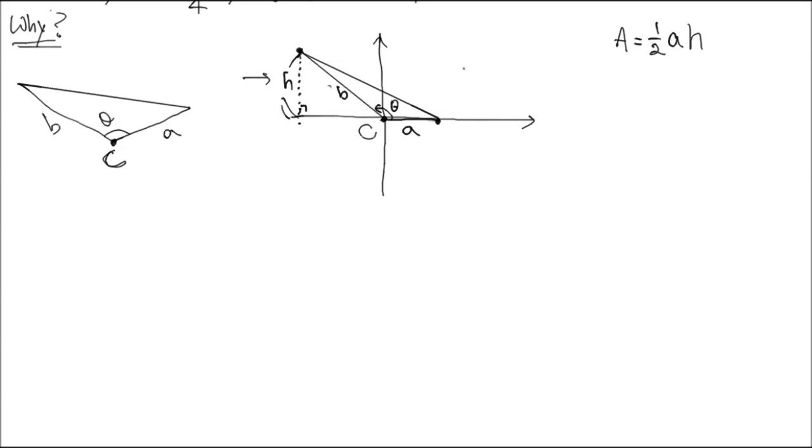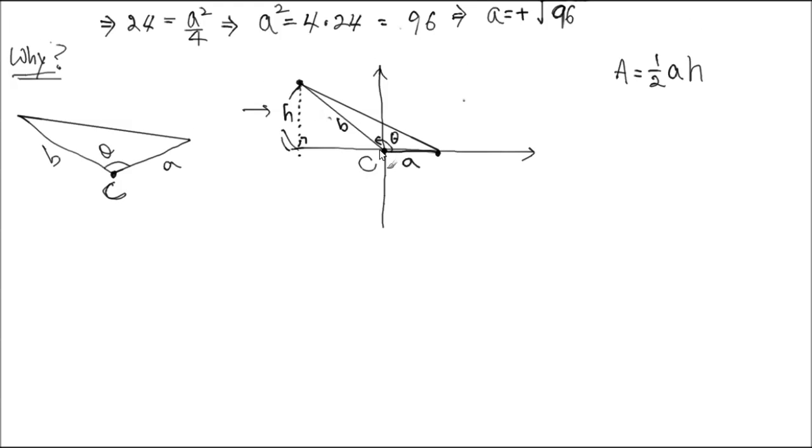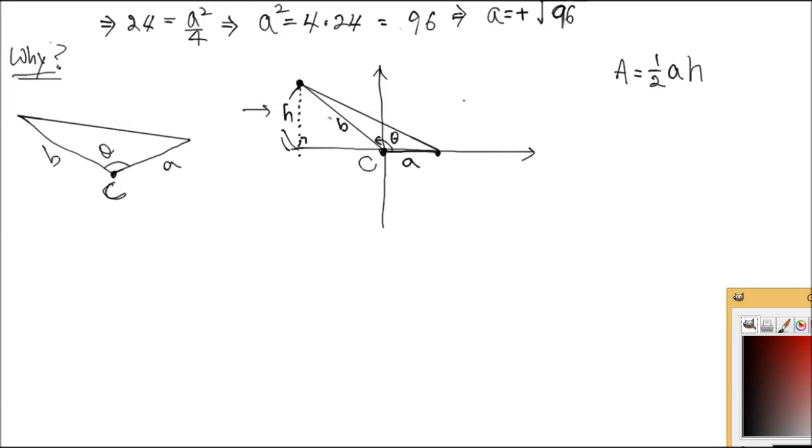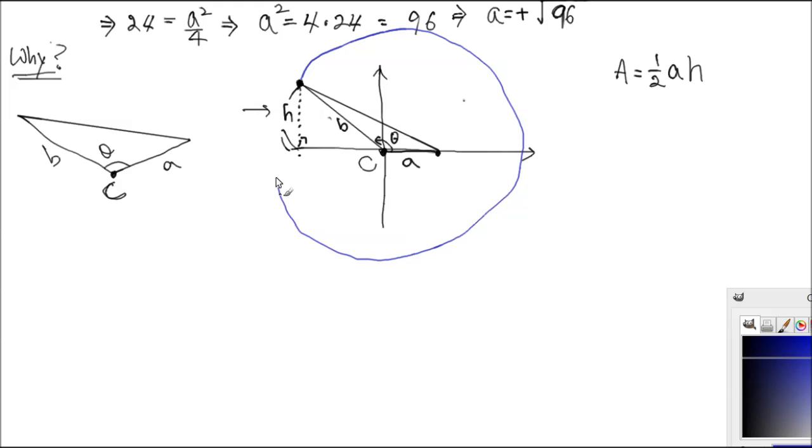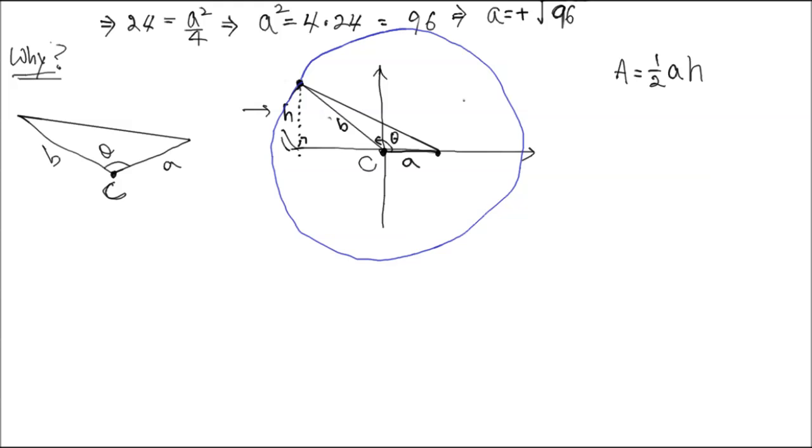And my favorite thing is to draw a circle out of this one. This point involves this H definitely, right? So I'm going to draw a circle like this. See that circle? Happy enough? That's the circle with what radius?